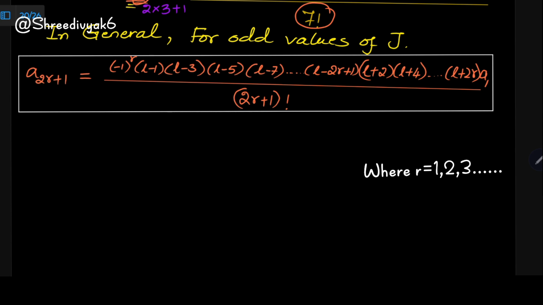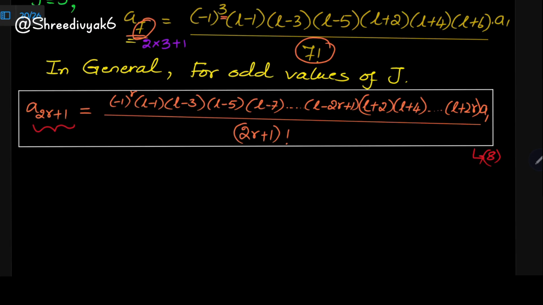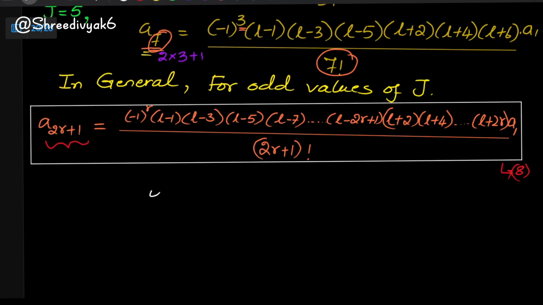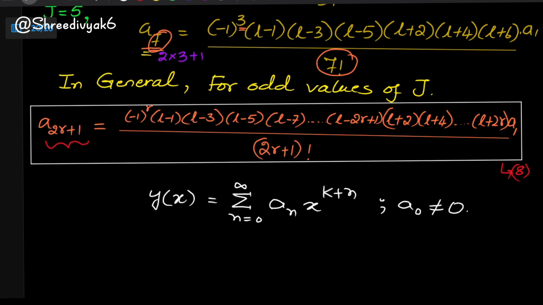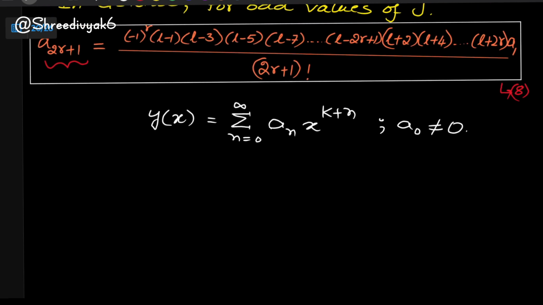Okay, on combining, let me take this equation as some equation. We had stopped at 7, so let me take it as equation 8. These are the coefficients of the solution that we had considered earlier. We had considered the solution as y of x is equal to summation n is equal to 0 to infinity a_n x raised to k plus n, right? Where a naught is not equal to 0, we had considered as an assumed solution I am talking about, right?